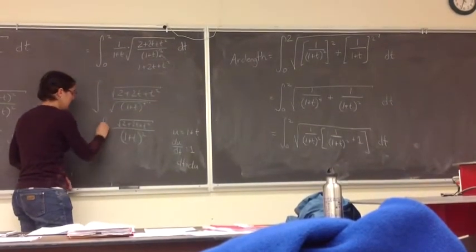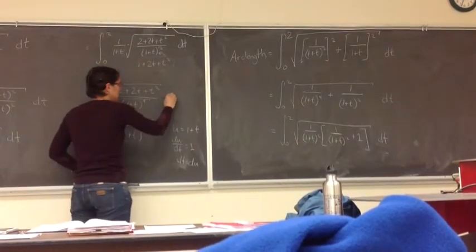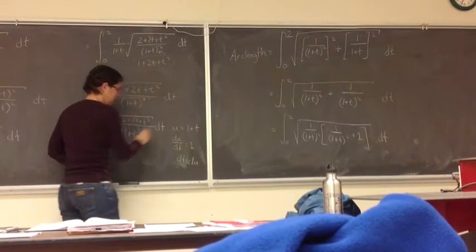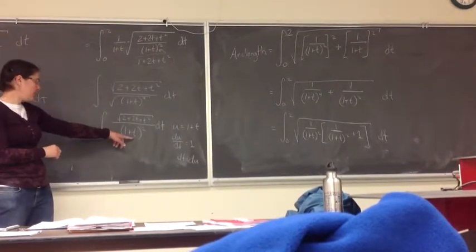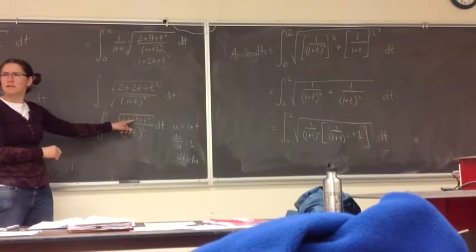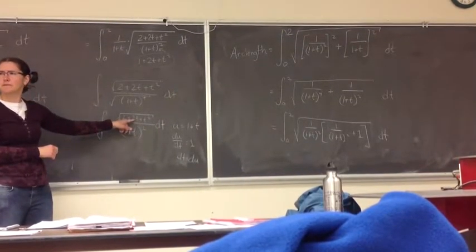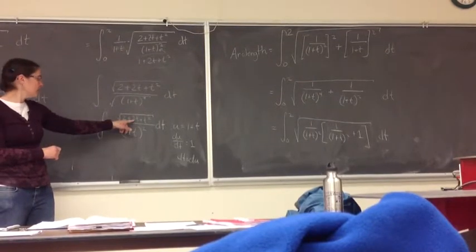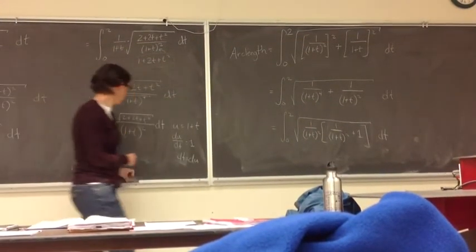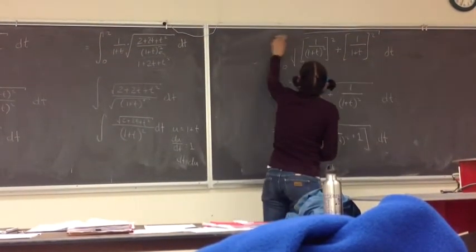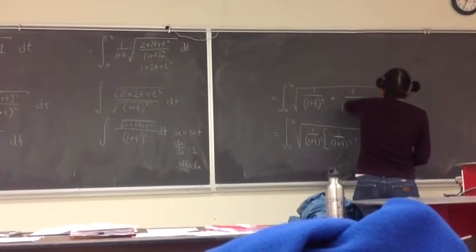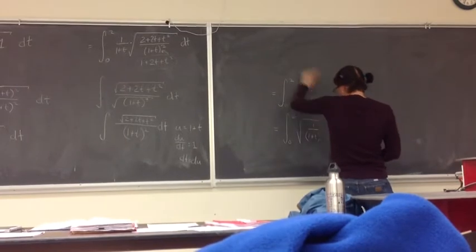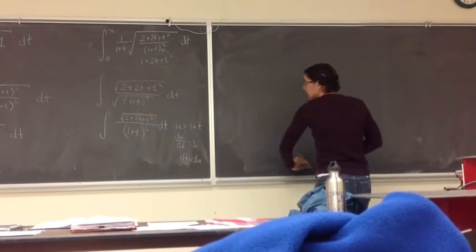So we've got an integral here, dt at the end. Alright, so you have a u squared at the bottom. What about this top part? It was the square root of u squared plus 1, because u is 1 plus t.